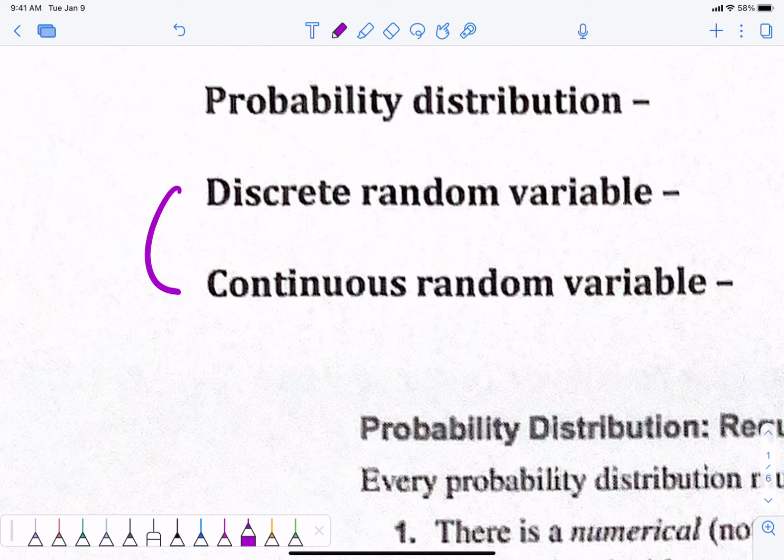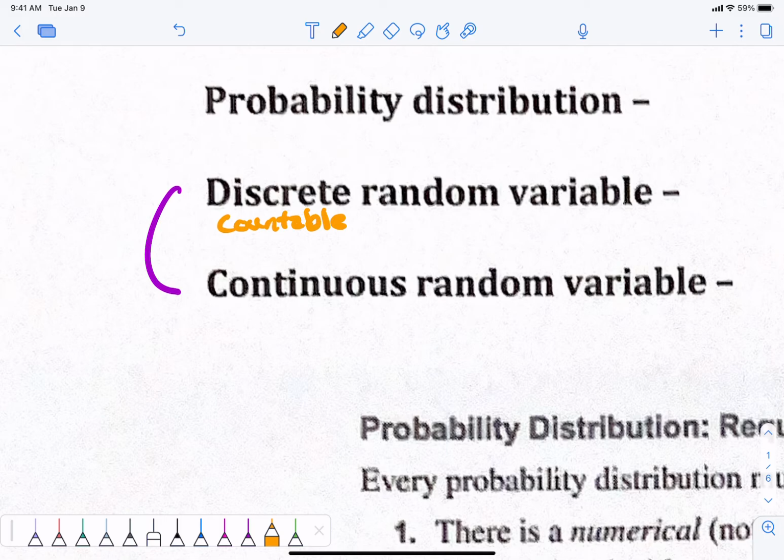Do you guys remember when we talked about discrete versus continuous? What's the difference between discrete versus continuous? I'll give you a little hint. Discrete is countable. Discrete, countable. Okay?